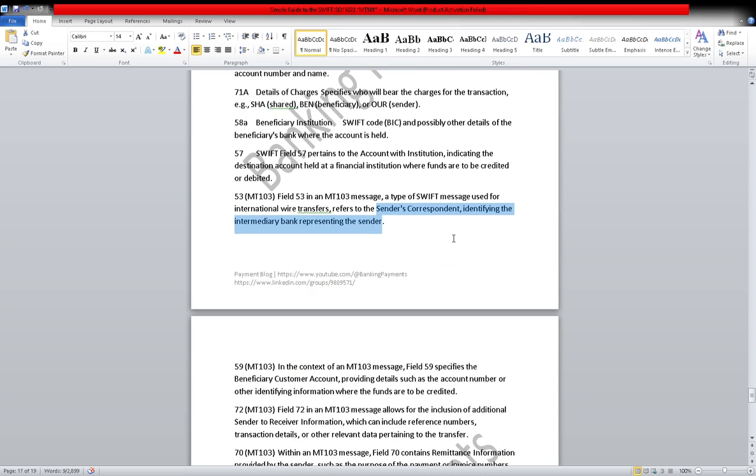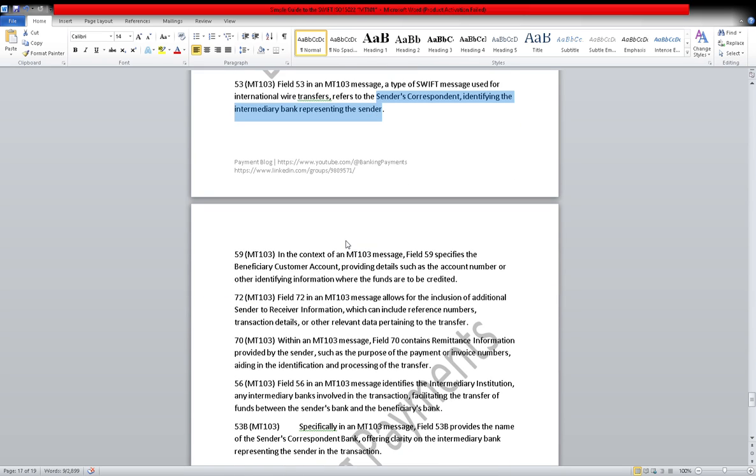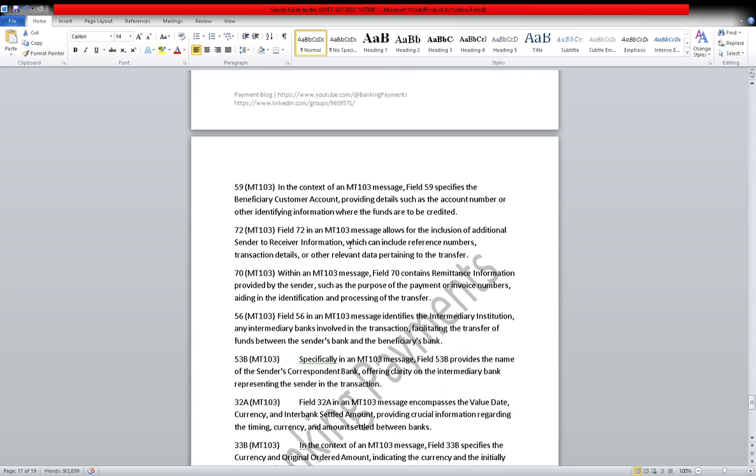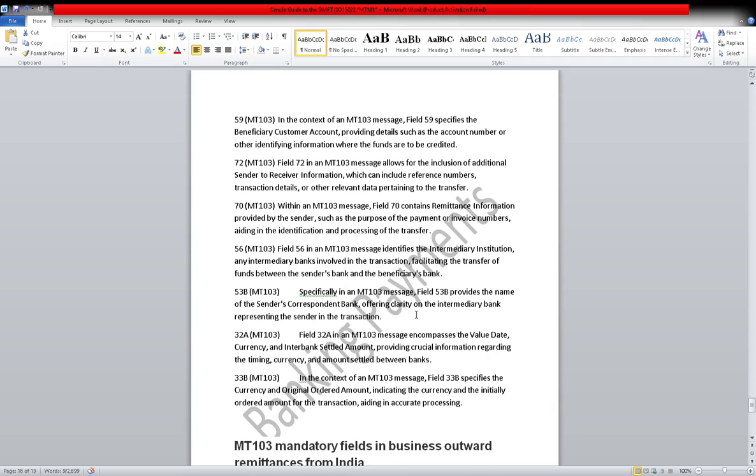53 and 54. Where is 54? 53 is here. Specifically, 53 is the name of the sender's correspondent bank.